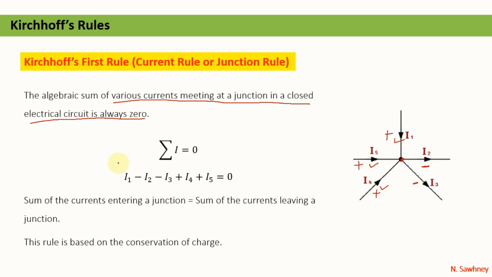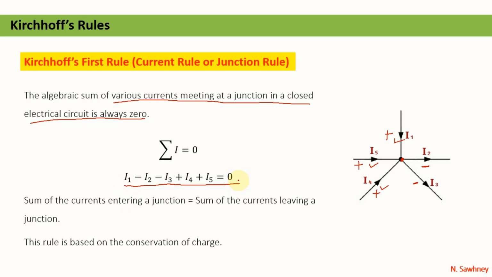Likewise, I have written here I1 minus I2 minus I3 plus I4 plus I5 is equal to 0. Or in other words, you can say that the sum of the currents entering a junction is equal to the sum of the currents leaving a junction. That means I can rearrange the above equation.